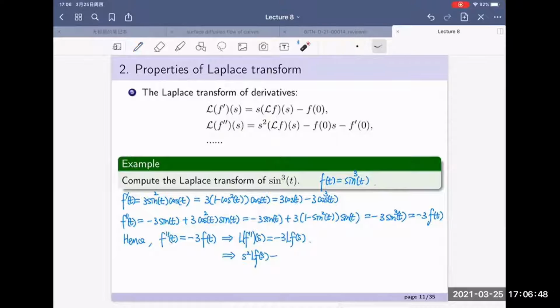So what's f of 0? f of 0 means that you set 0 in t. So sine 0 is 0. Okay, so the derivative of f when t is 0 is also 0.